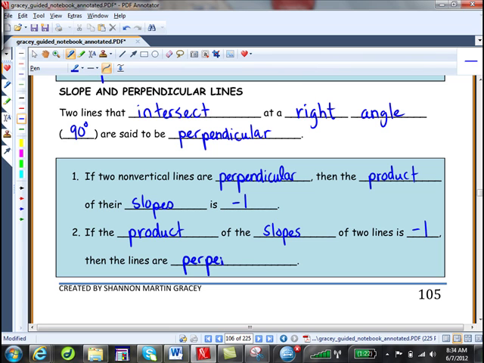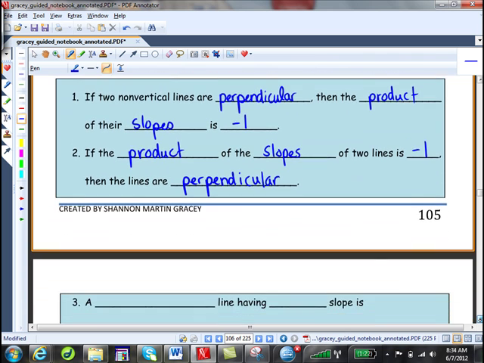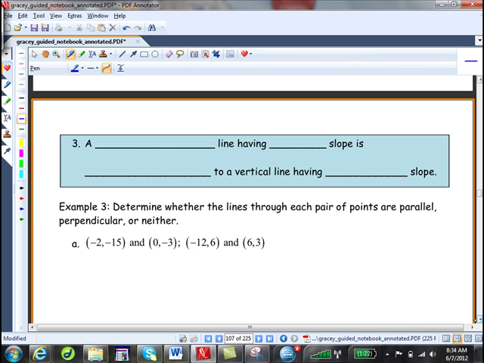So again, there's some more clues for you. Another way of saying the product of the slopes is -1 is by saying that perpendicular lines have slopes which are negative reciprocals of each other. Whichever way works best for you, whichever way to think about it, you should use.